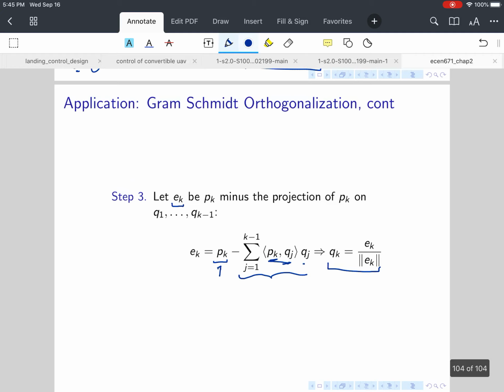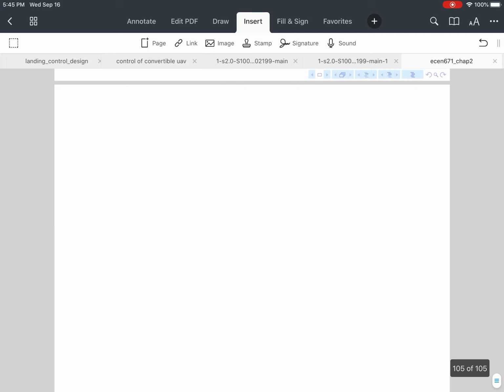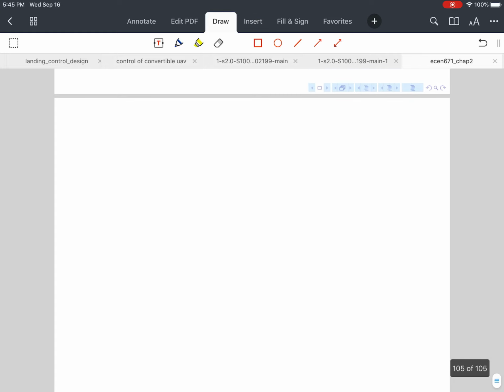And maybe let me, let's see, if I insert a page, we can construct an example really quick. So suppose I have the vectors, so my original set T is going to be the span of these three vectors.